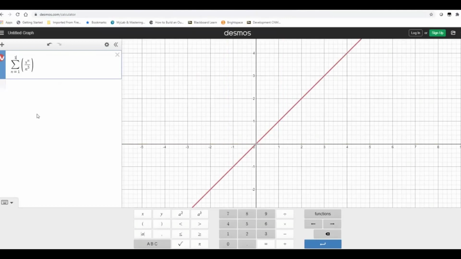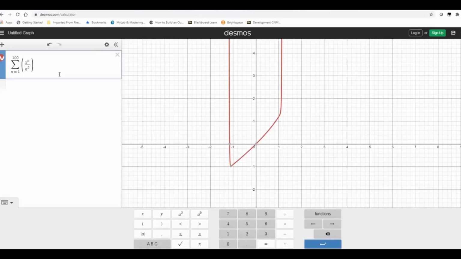You can see that it takes a little while for my computer to actually figure out what's happening. Because if you think about when I put 100 on there, what is that actually telling the computer to do? Well, remember that this is a summation, right? So I could start at n equals 1. If I start at n equals 1, what's the first term?